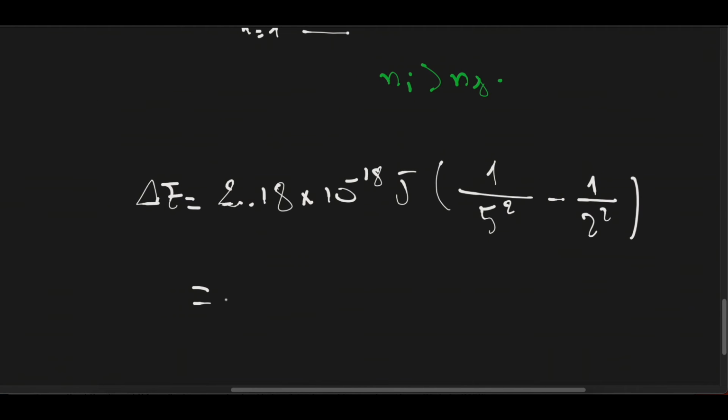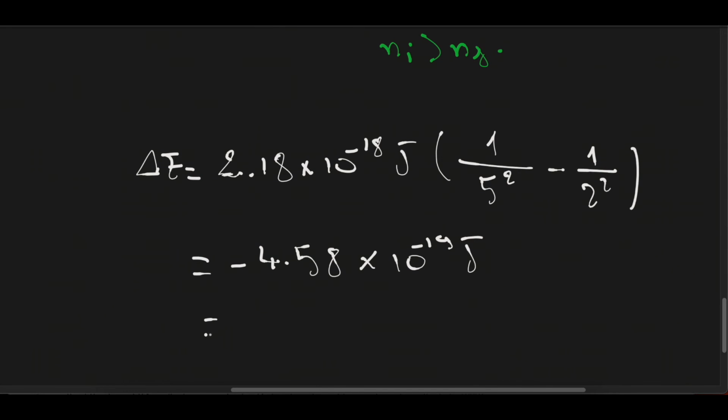If we make the calculation, we get a value of minus 4.58 times 10 to the negative 19 joule.